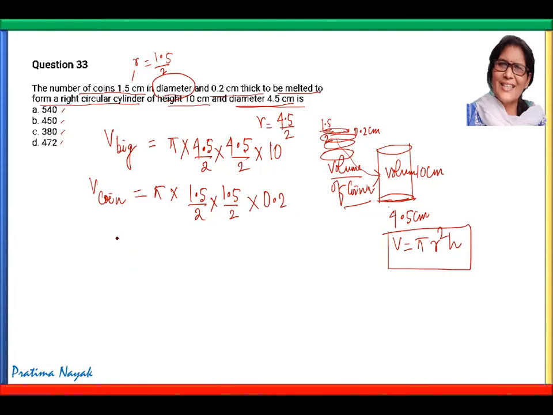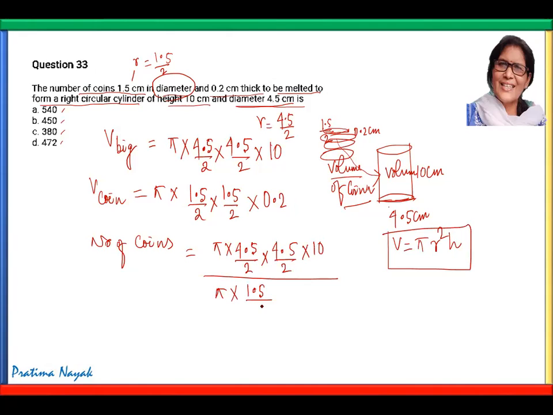So just divide. The number of coins is equal to pi into 4.5 by 2 multiplied by 4.5 by 2 into 10, whole divided by pi into 1.5 by 2, 1.5 by 2 into 0.2.